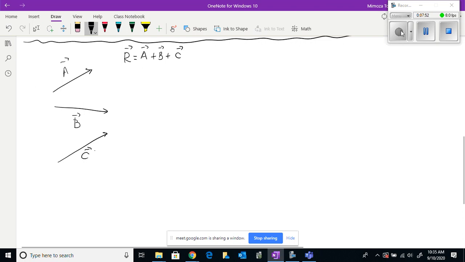When we are using the parallelogram method, we'll take vectors two by two. So we'll start with vector A, bring it here, and then vector B at the same point.